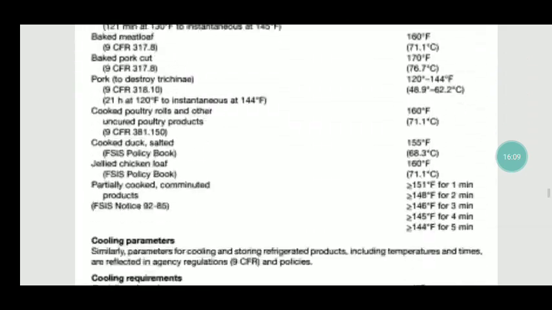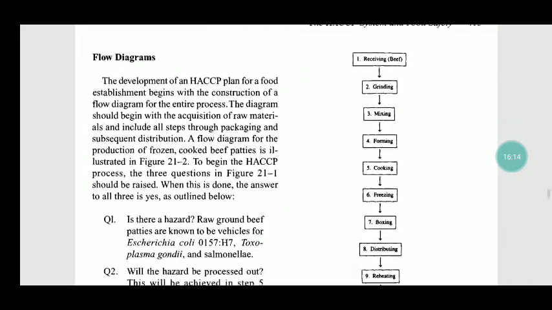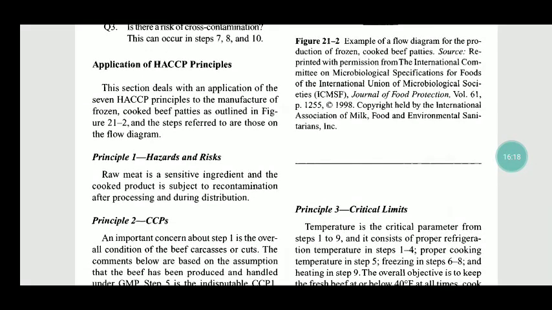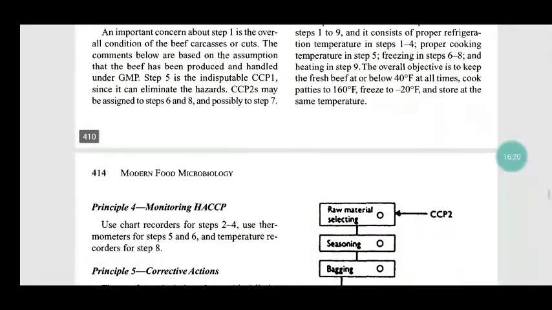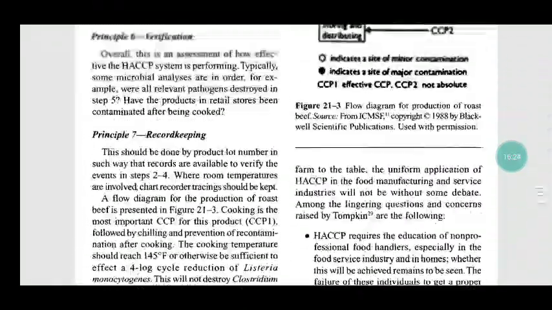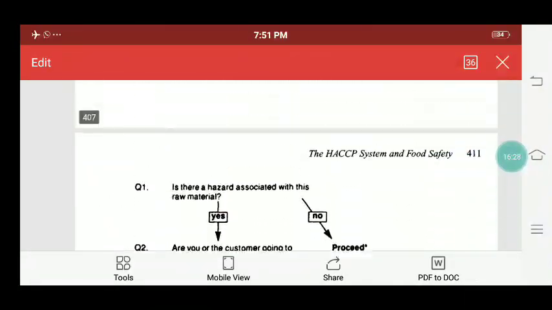I hope you can understand it properly. In the next video, we are going to learn about the application of the HACCP principles. Every one of the 7 principles has its own application, so we are going to learn about its application.